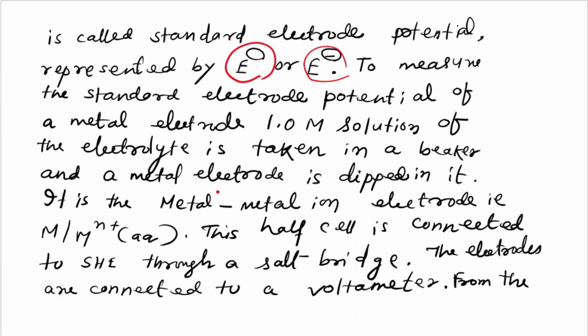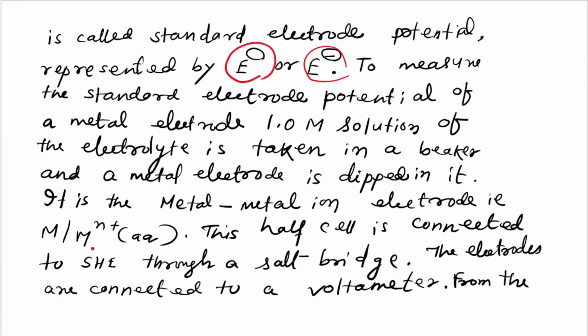Copper is dipped in copper sulfate, or zinc is dipped in zinc sulfate solution. It is the metal ion electrode, that is M dipped in M^n+, that means it acts as a metal ion electrode. The half cell is connected to S.H.E.